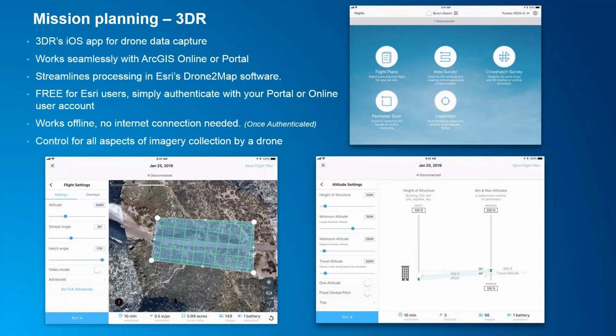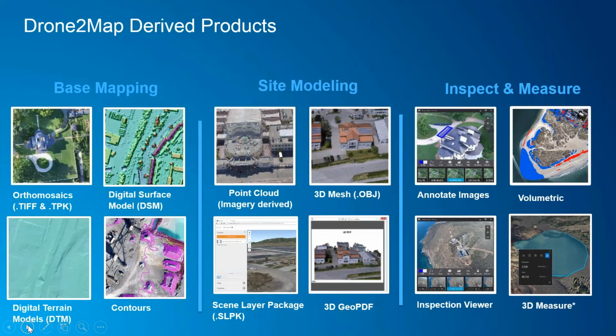So if you have feature layer sets or other imagery as part of your ArcGIS Online folder, you can bring those in and use that as a base map to determine how you want to collect, whether it's that orbital pattern or that mowing-the-grass pattern. And you can set all the various controls for your drone on how to collect that imagery for your project area. So these are some advanced tools that work with collection, and that will also be part of our workshop. We're going to show you how to strategize the best collection method, and then actually collect the imagery and then use it inside Drone2Map to build your various 2D and 3D products.